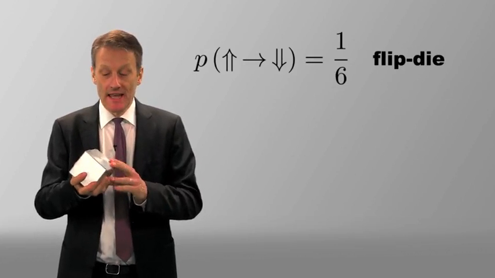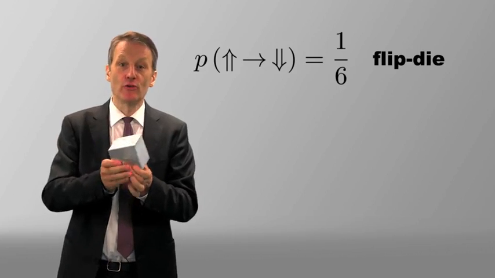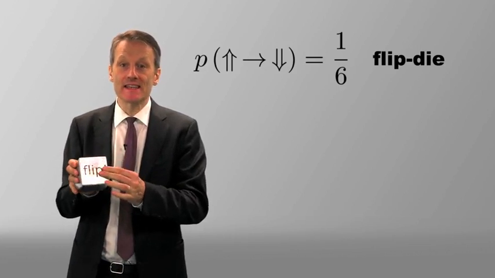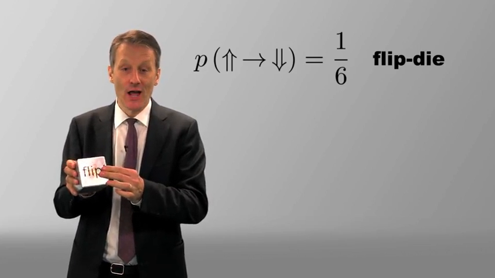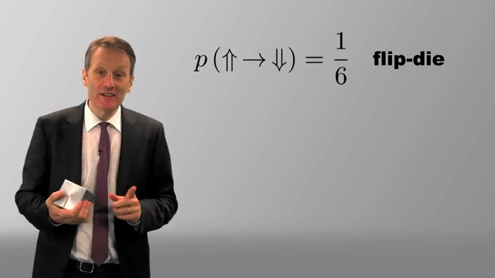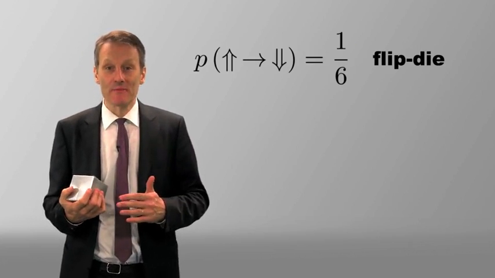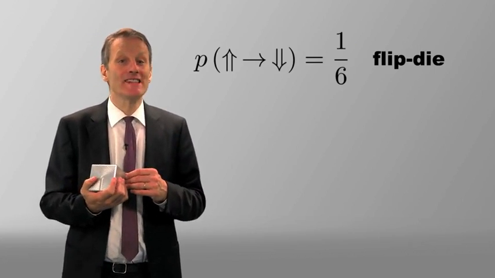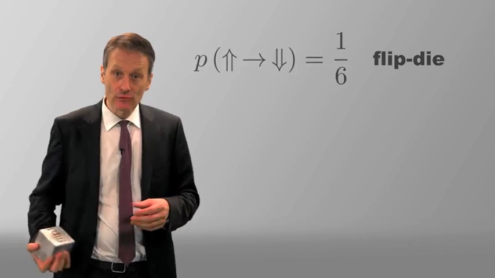So look at this flip die. It has 5 neutral faces and one face that says flip. So simulating the Metropolis algorithm at magnetic field 1/2 logarithm of 6 is like rolling this die. So let's roll it.